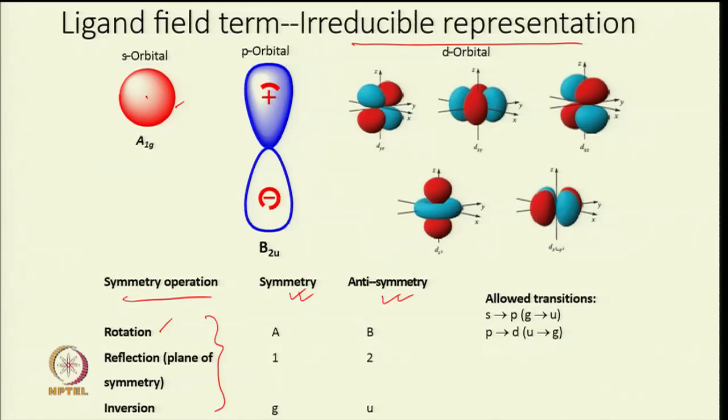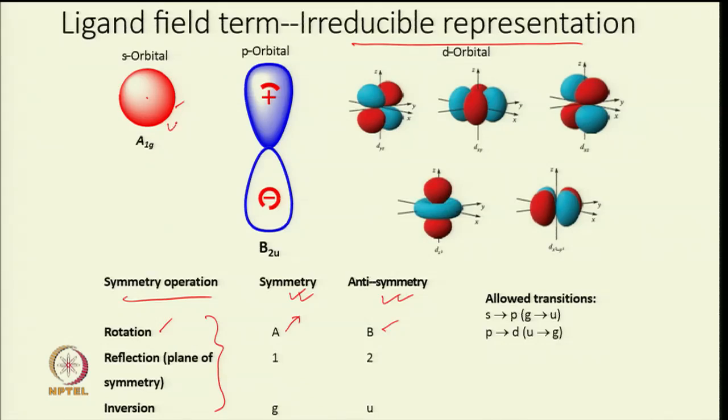It will remain the same, its symmetry will not change. So, the s orbitals are called symmetric with respect to the rotation symmetry operation, and for rotation we show them with the symbol A if it is symmetric and B if it is antisymmetric.